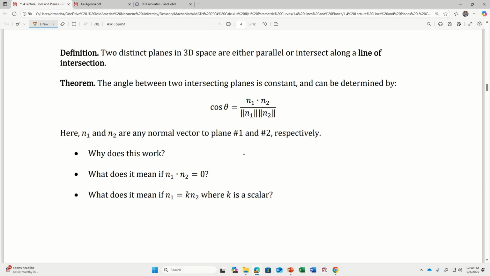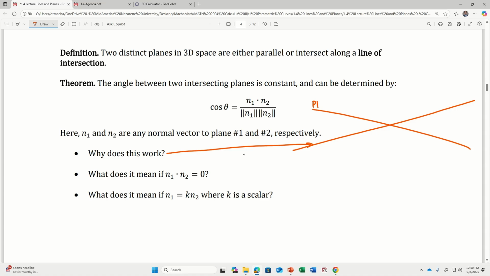So, I'm going to draw you a little picture because you might be wondering, why does that work? Imagine this is plane 1 and this is plane 2. And I'm looking down on these planes like a bird's eye view above their line of intersection, so that their line of intersection is now just a point.